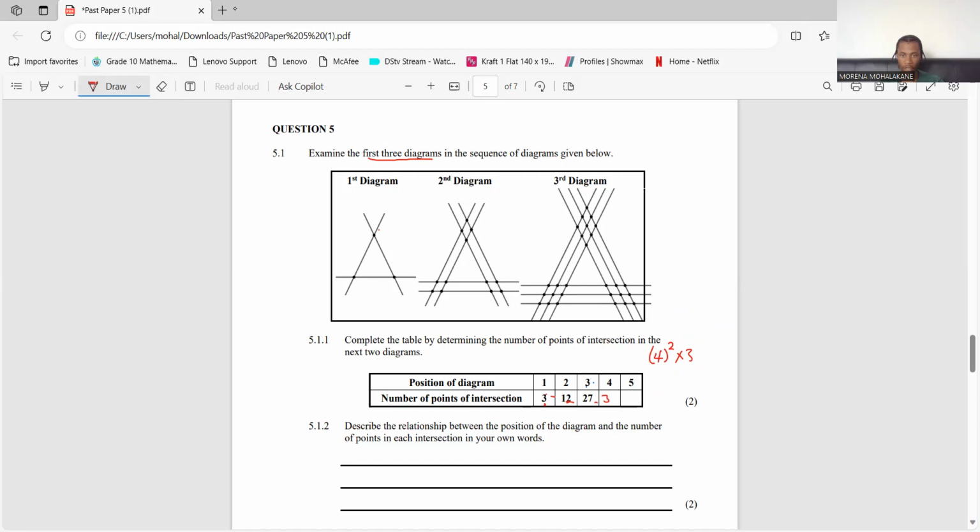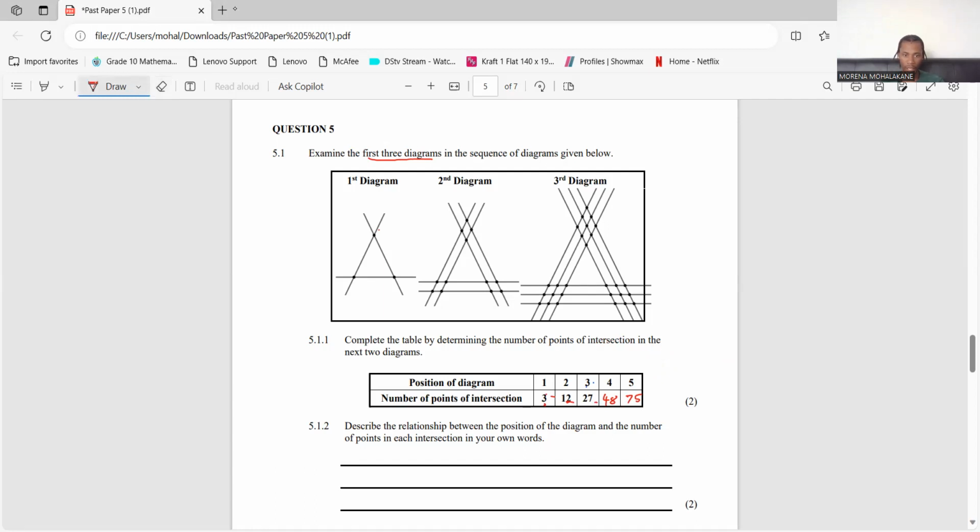No, it's not 12. Actually, it's 16. 16 times 3, it's 48. Then you have 5 all squared, which is 25 times 3 gives us 75. So this is 75 here.